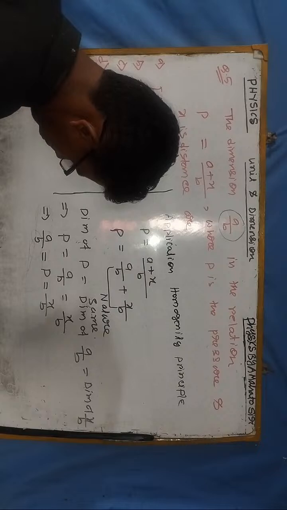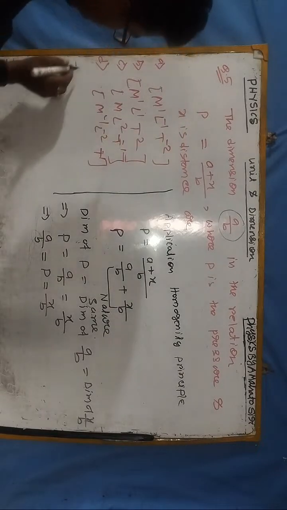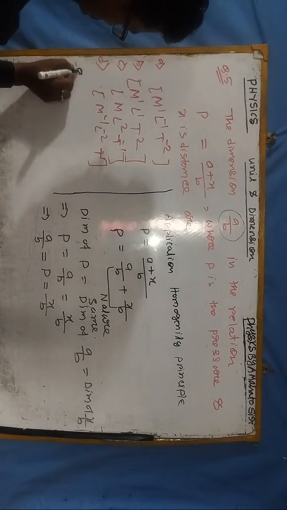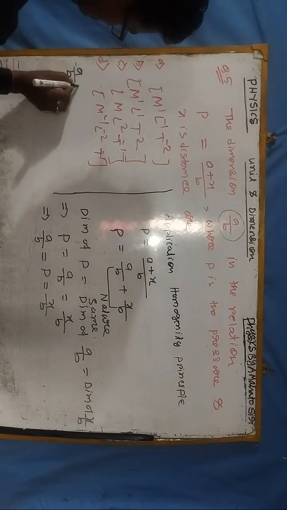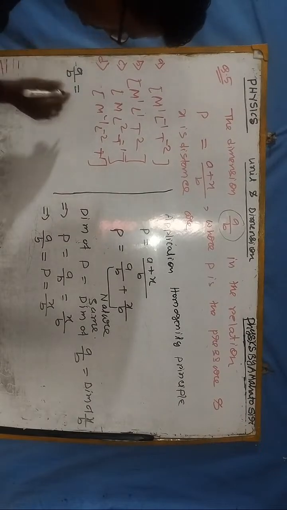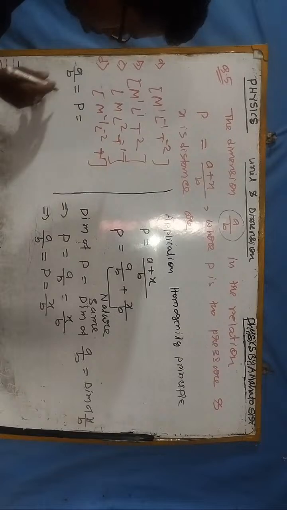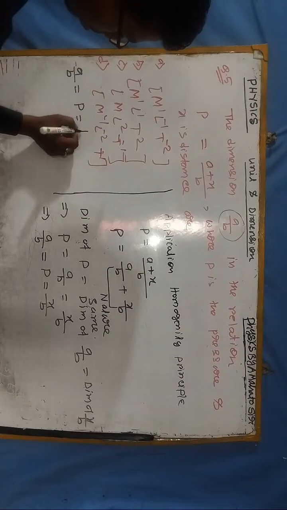So here A by B equal to P, and P is force per unit area.